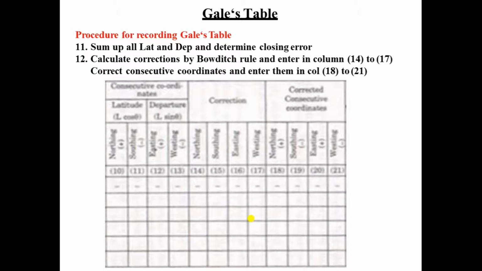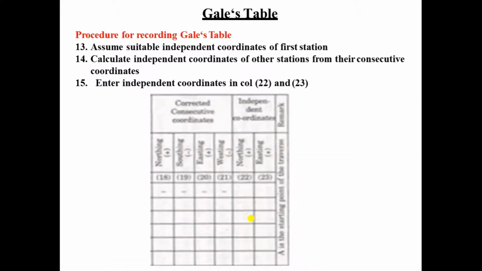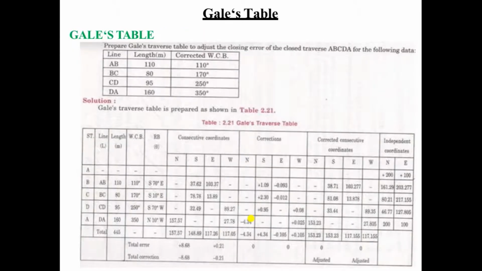Calculate corrections by Bowditch rule and enter them in columns 14 to 17. Correct the consecutive coordinates and enter them in columns number 18 to 21. After that, we put the independent coordinates in columns 22 and 23. Now, that is the Gales traverse table that we discussed previously.